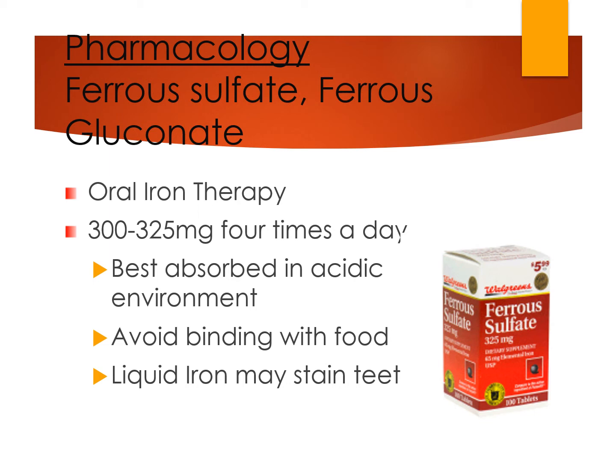It's oral. It's about 300 to 325 milligrams 4 times a day. It's best absorbed in an acidic environment. Avoid binding with food. In other words, try to take it on an empty stomach. Unfortunately, it causes stomach upset and it can cause constipation. And liquid iron may stain your teeth.